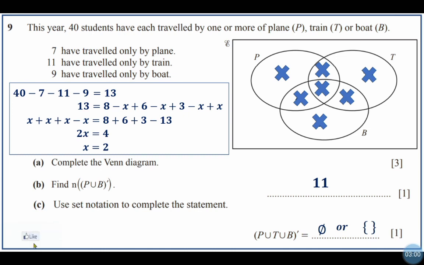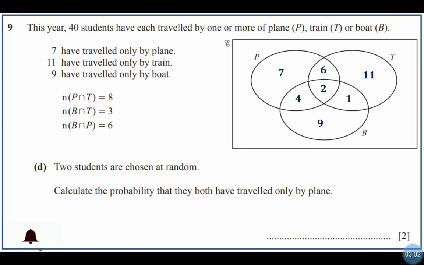Okay, let's move on to number 9, letter D. 2 students are chosen at random. So we will be choosing two students at random. Calculate the probability that they both have traveled only by plane. So if I will only choose from those who traveled by plane only, I am not going to consider 6, 2, and 4.